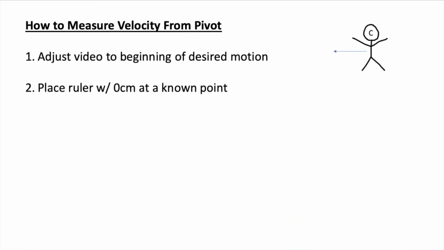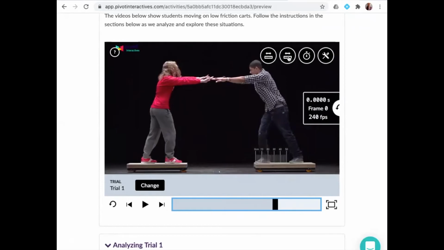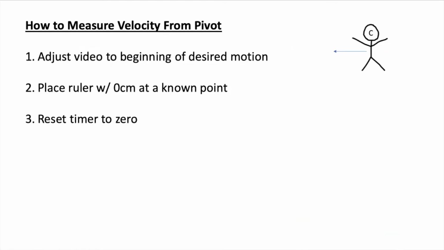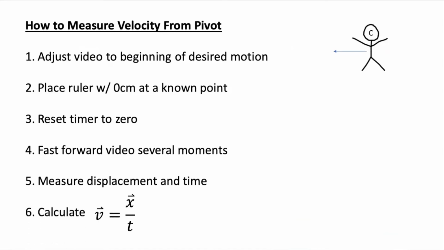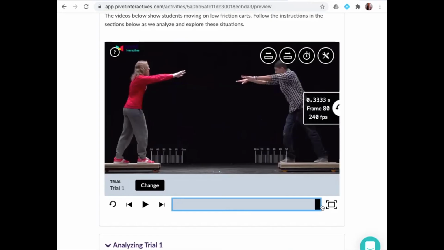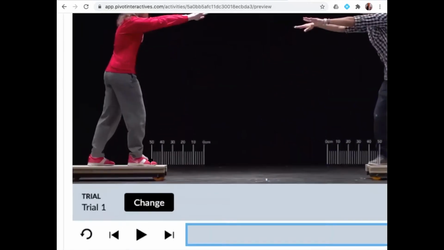So now all I need to do is go back with Christine and repeat the same things. So I reset everything back to the beginning of the video, moved my ruler, the timer's already set. I fast forward to the end, and now I'm going to measure displacement and time. In this case, I'm going to zoom in to see her displacement.